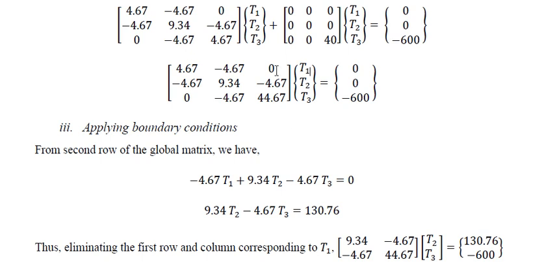Now since T1 is given, we will try to eliminate the first row, first column. To eliminate the first column, we should make this term 0. How to make that term 0?